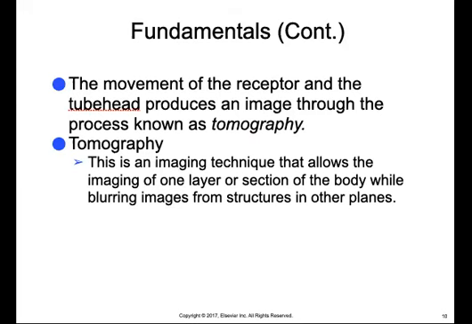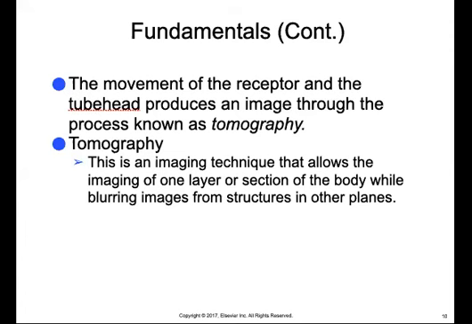In panoramic imaging, this image conforms to the shape of the dental arches. And tomography can be cut into two different words. Tomo means section, and of course, graphy just refers to the science of sectioning off these images.